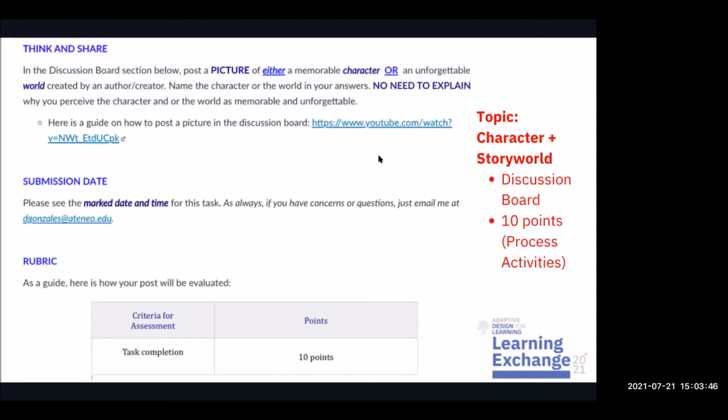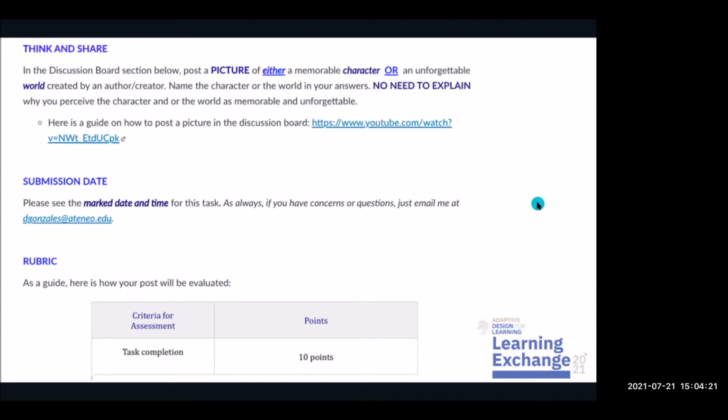So no need to explain, they just need to post whatever character it is or story world. Same here, 10 days to post, but no need to reply to the posts of their classmates. And the rubric is just this simple: task completion, if they post a picture, that's 10 points already. So it's lighter.